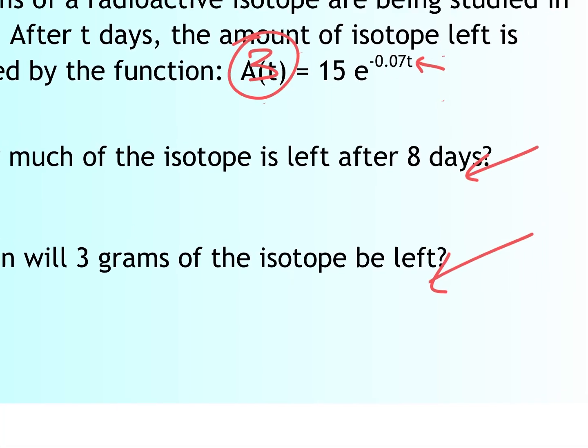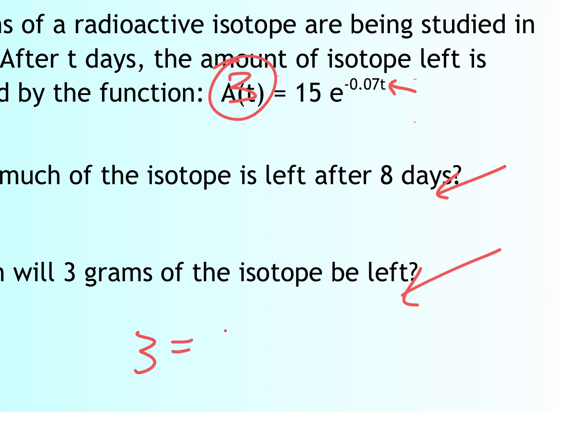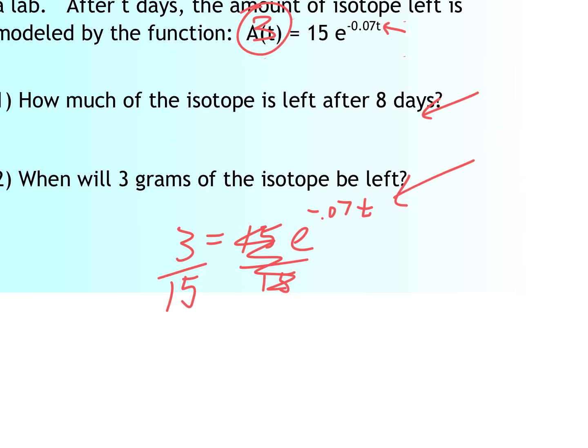Mr. Lindahl, when you put that 3 in here, what was your first step in solving this? I divided by 15. Excellent. Did you reduce it to 1/5? I did. Good call. And then how do you finish the deal here?